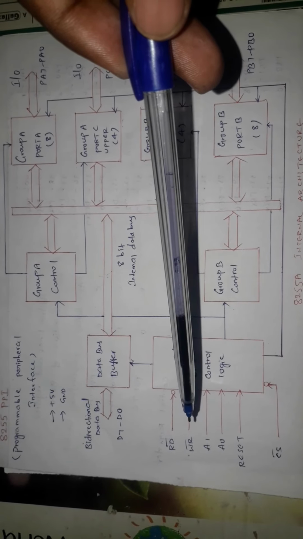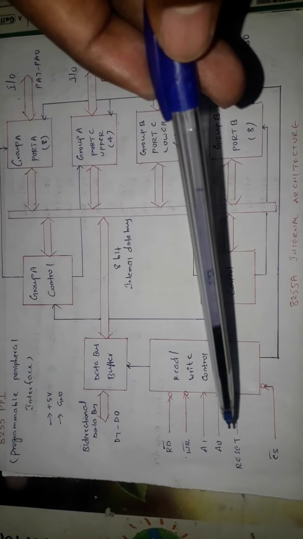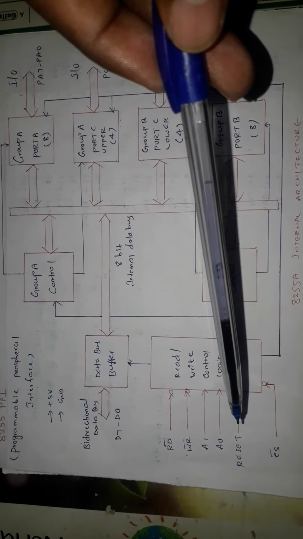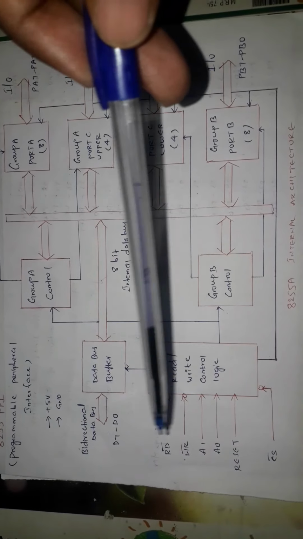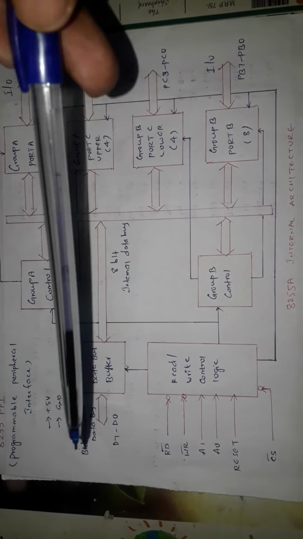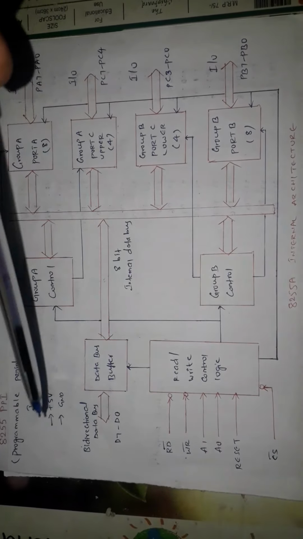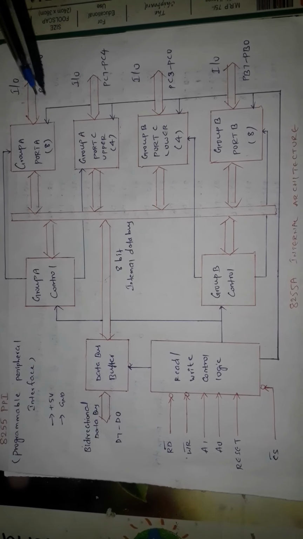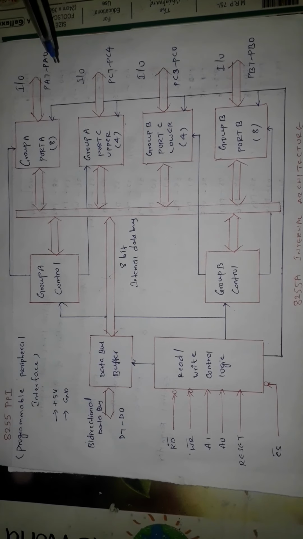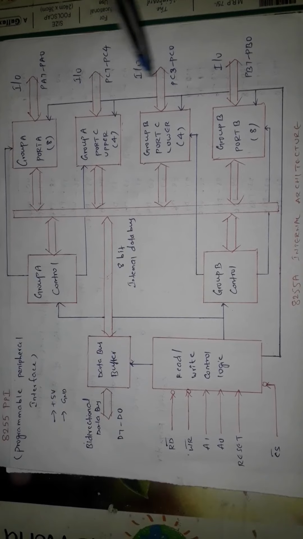Whereas the read and write signals, the address bits A1 and A0 and the reset signal are all obtained from the microprocessor, and D0 to D7 is also from the microprocessor. So this end of the 8255 is connected to the processor, whereas this end of the 8255 is connected to the IO devices.